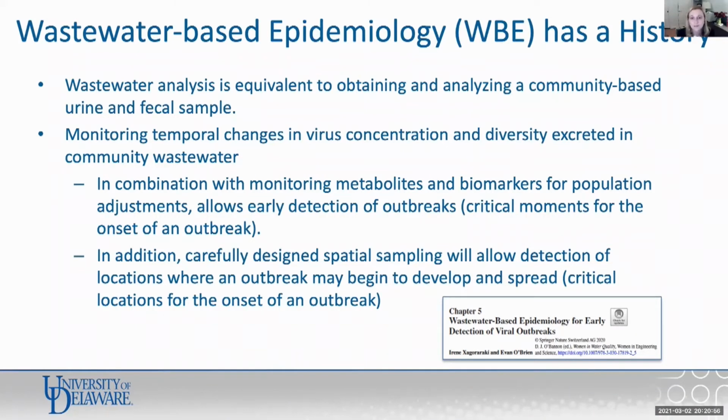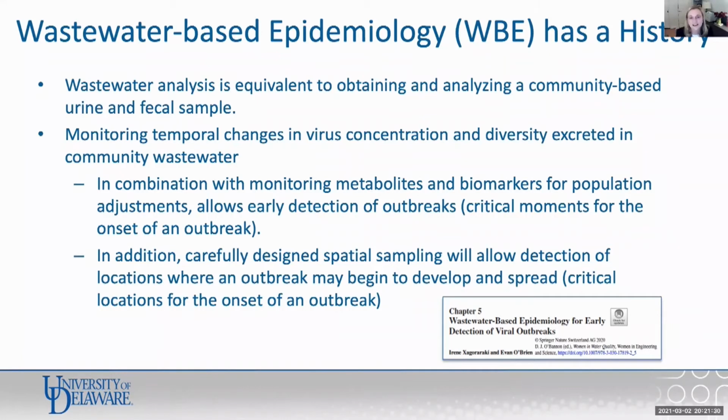So when we think about the big picture, again, we're looking at temporal changes in virus concentration and looking at the diversity of the population that's excreted in this community wastewater. That diversity of population of viruses can also be useful when we think about detection of variants of concern. And now we're looking at wastewater to be able to identify where those may be found. So in combination with monitoring metabolites or biomarkers, scientists are able to make adjustments for different populations that might be there.